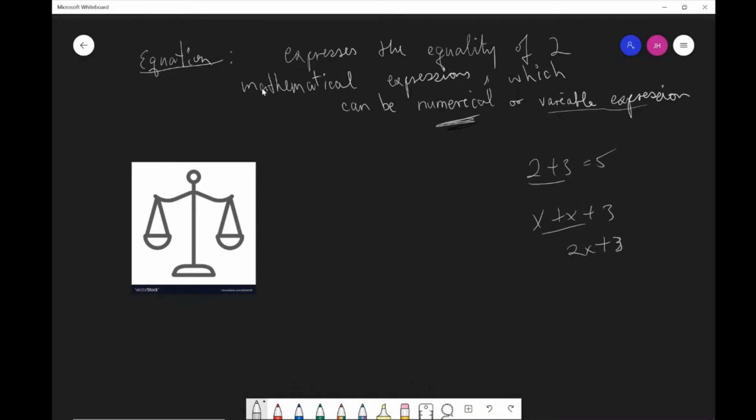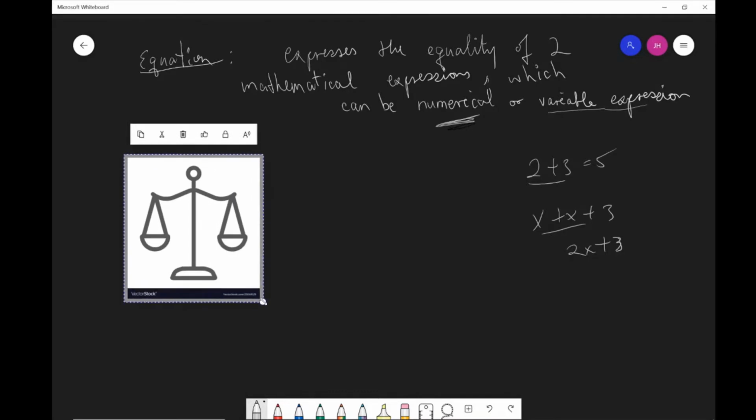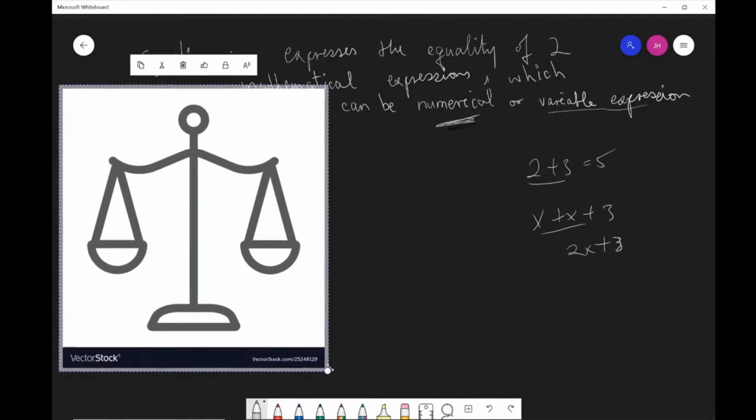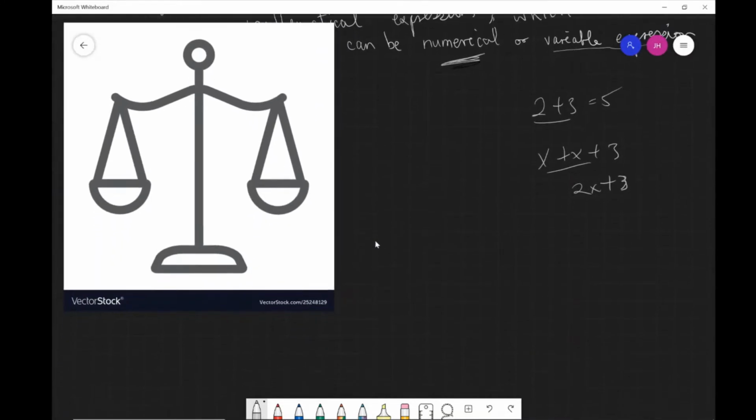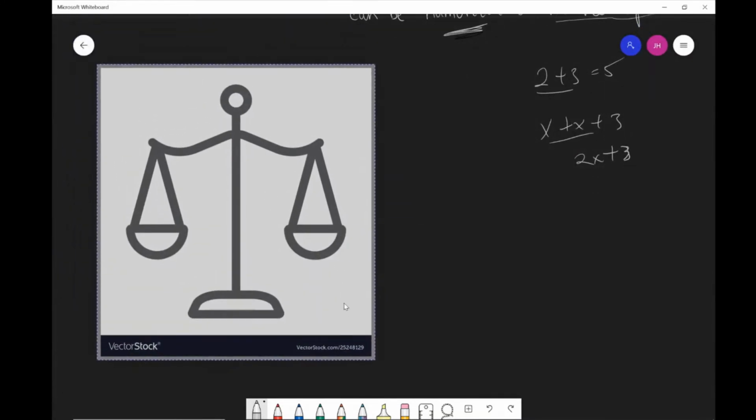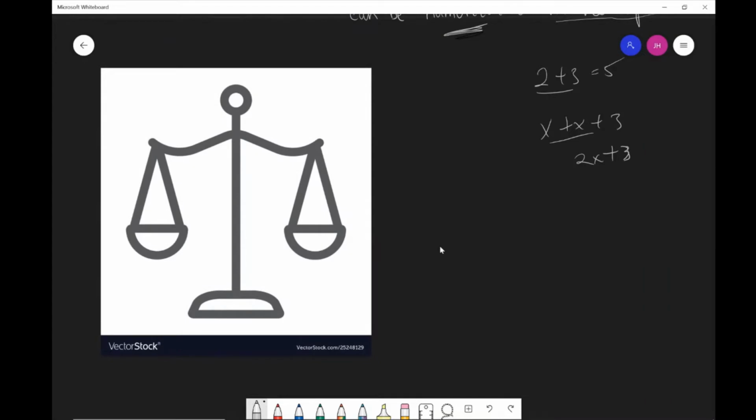Now, when we deal with algebra equations, it's very important for us to keep an image of a balance. Say that on the left side of the balance you have x, and on the right side of it you have a quantity of 3.